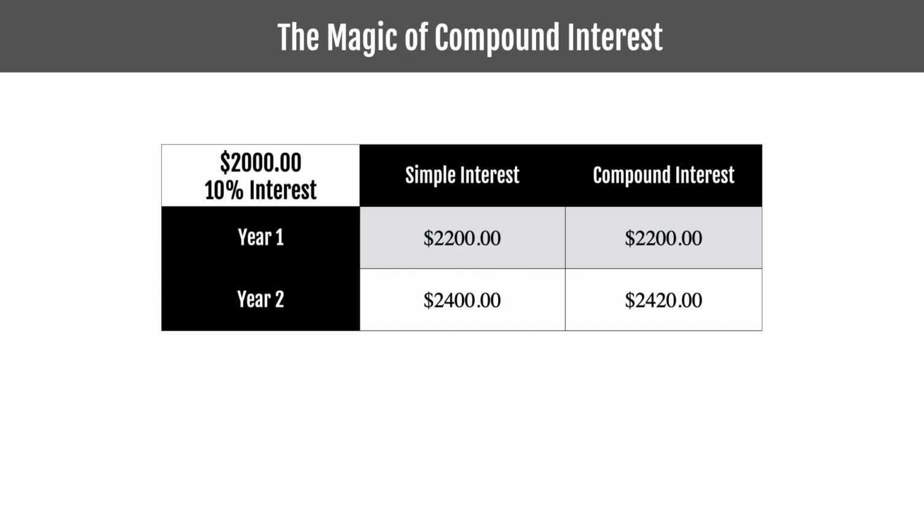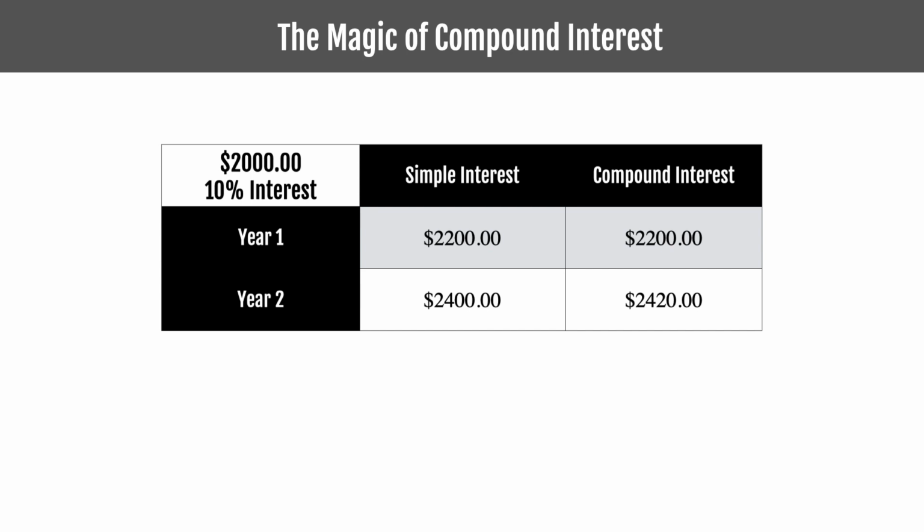The reason for that is because with compound interest, you don't just multiply it against the $2,000 base amount, you multiply the 10% interest against the total amount of interest and base from last year. So instead of doing 10% times 2,000 for compound interest, we do 10% times the 2,200, which gives us $2,420. So in year two, we already have $20 more and we haven't even added any more money. It's the same original $2,000.